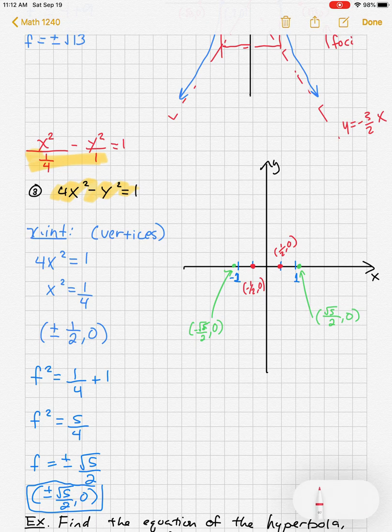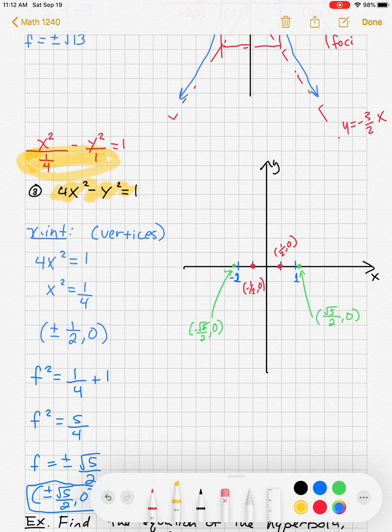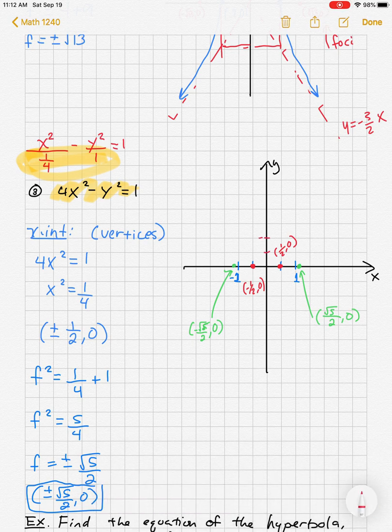Okay, and then what about the asymptotes? So using these guys again. The square root of a quarter was a half, so I went left and right by a half. The square root of 1 is 1, so I'll go up and down by 1 using that same scale. So it'll be 1, negative 1. Okay, something like that.